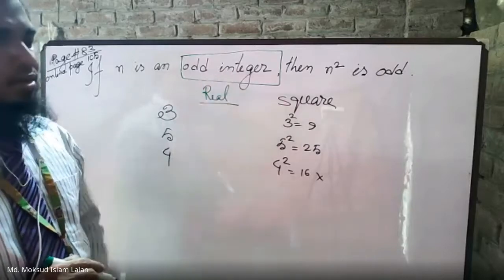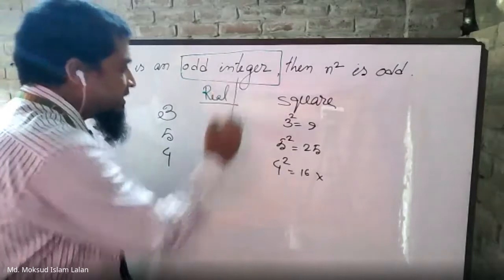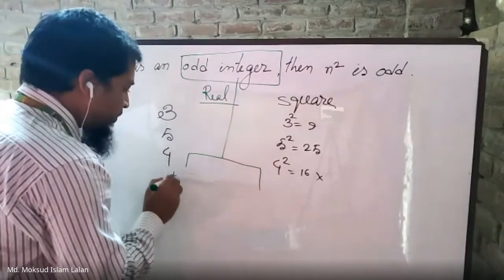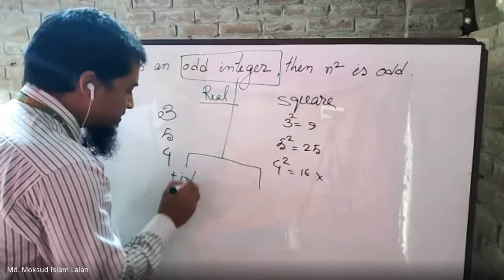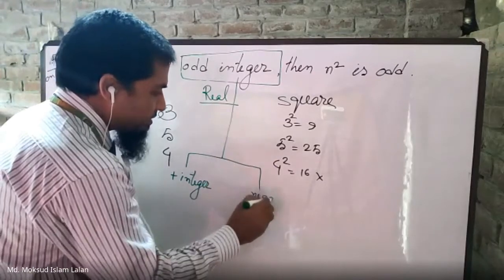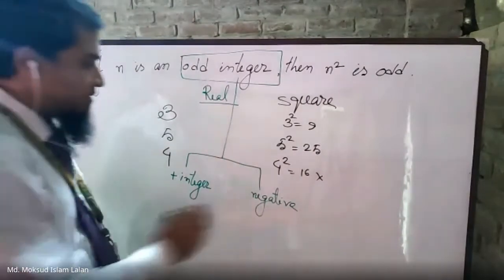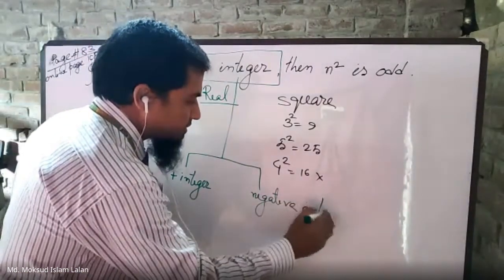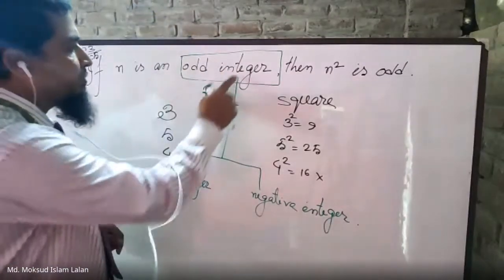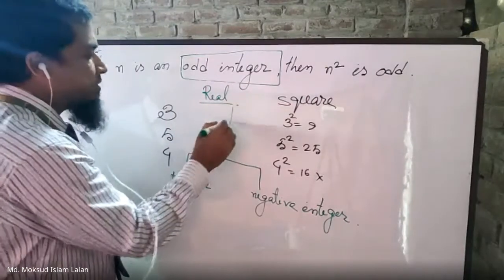It's an integer number. Integers may be of two types, positive integer or negative integer.